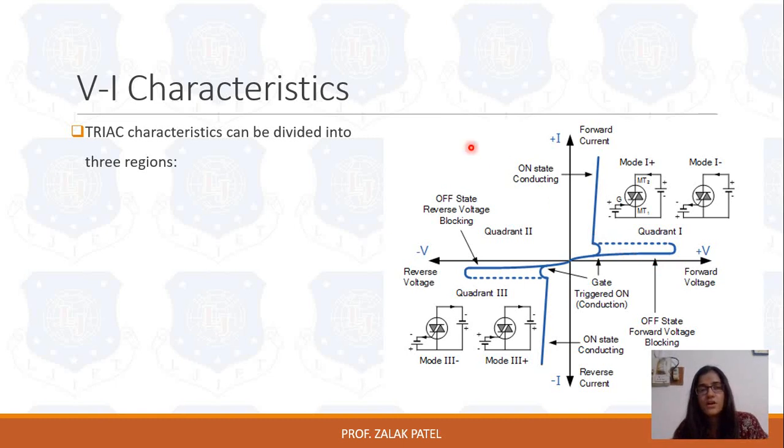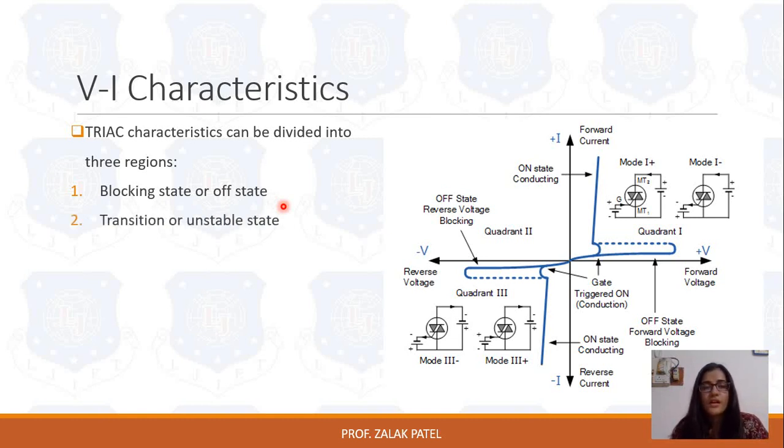So based on this, it is divided into three major regions: blocking state or off state. Blocking state or off state means when the forward voltage is less than its breakdown voltage, then this TRIAC is in off state. Next is about the transition and the unstable state. Unstable state means this dotted line.